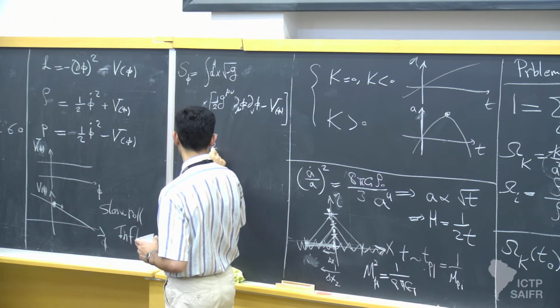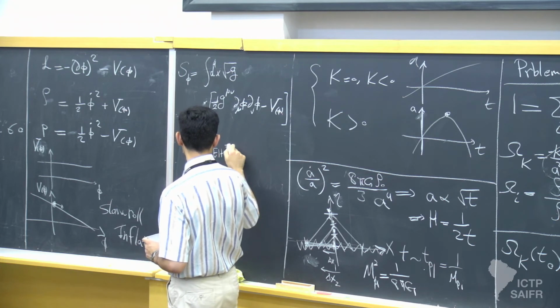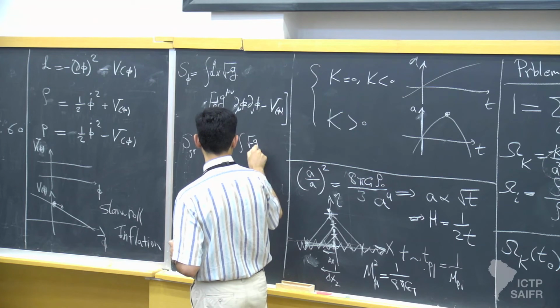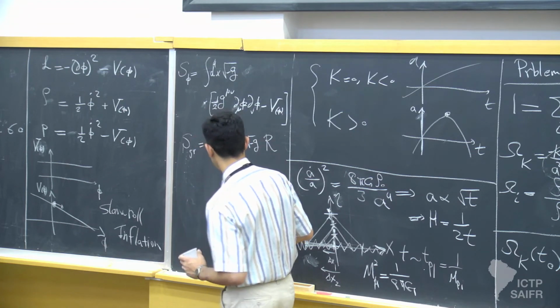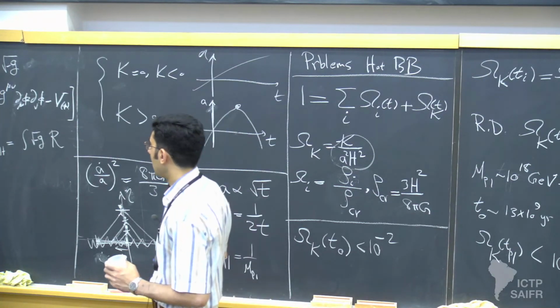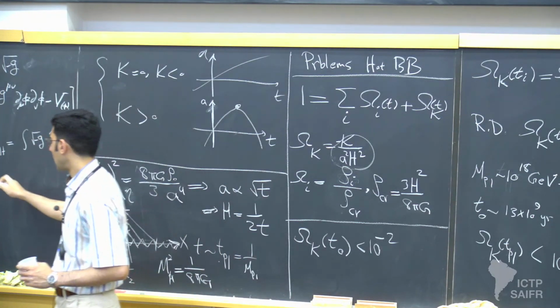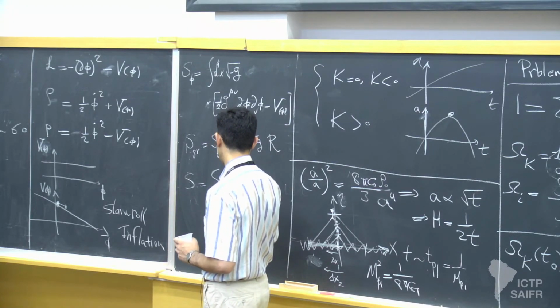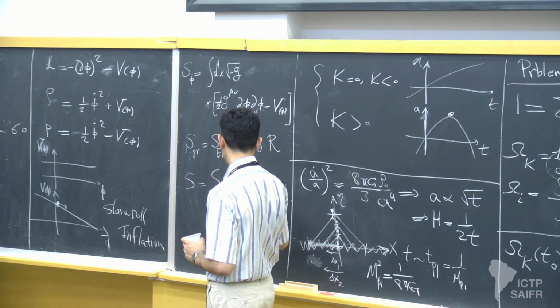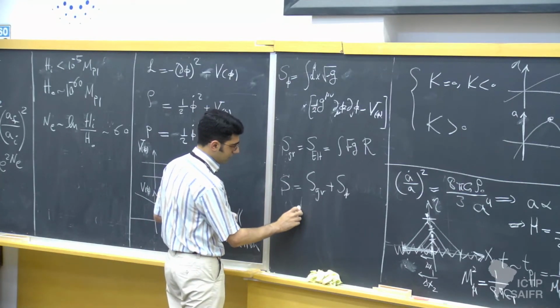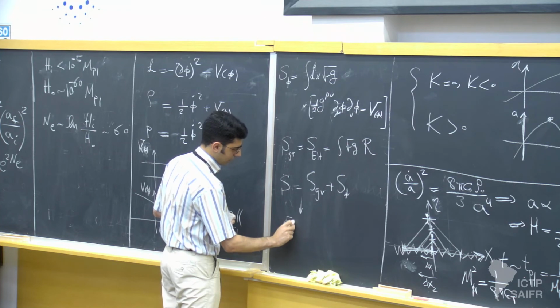So this is S Einstein-Hilbert, and that is given by square root of minus g times R, up to some boundary terms. And yes, if we take the full action to be S gravitational plus S phi, and then vary this action, it leads to the Einstein equations.